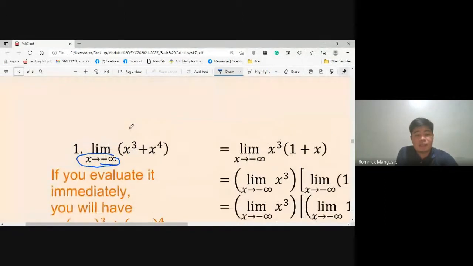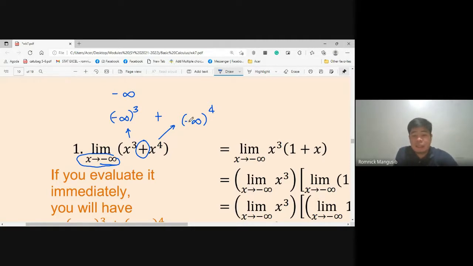So, ang una natin gagawin you can have an inspection. So, kung ito i-erase mo sa 3, at ito namang si x raised to 4 is negative infinity raised to 4. At addition pa ang ginamit. So, ang ibig sabihin nito, this is an odd number, so magpe-prevail yung sign na negative.